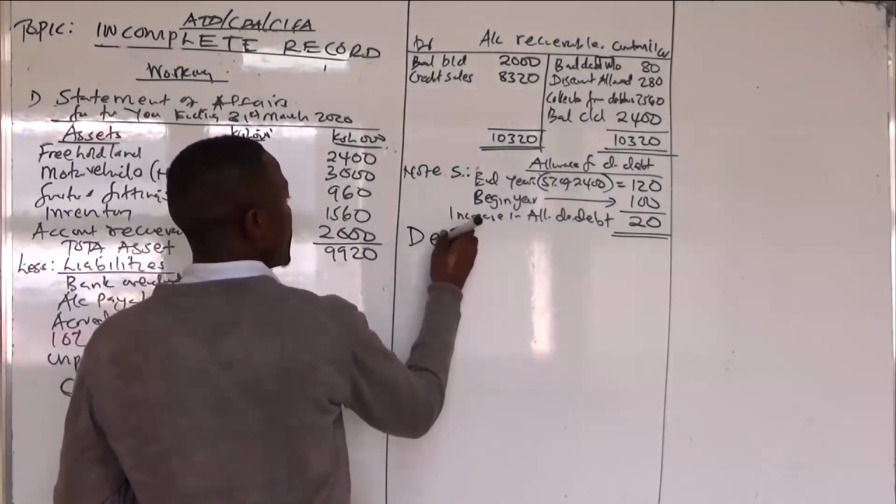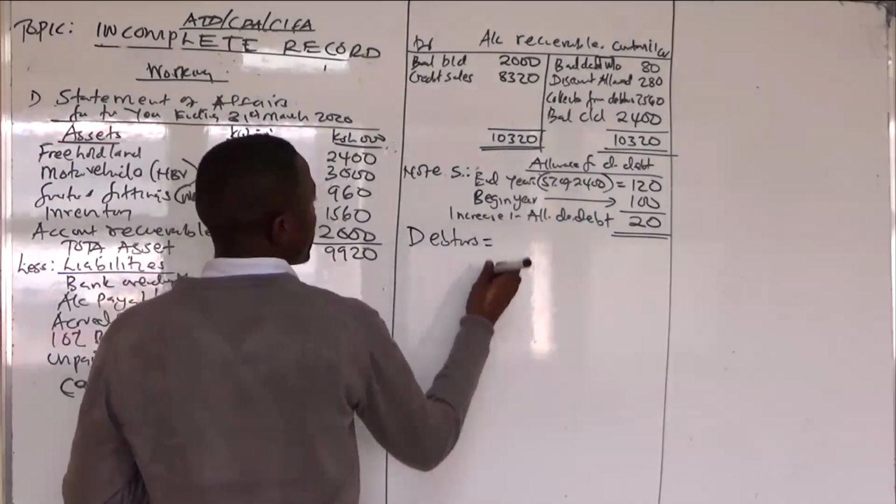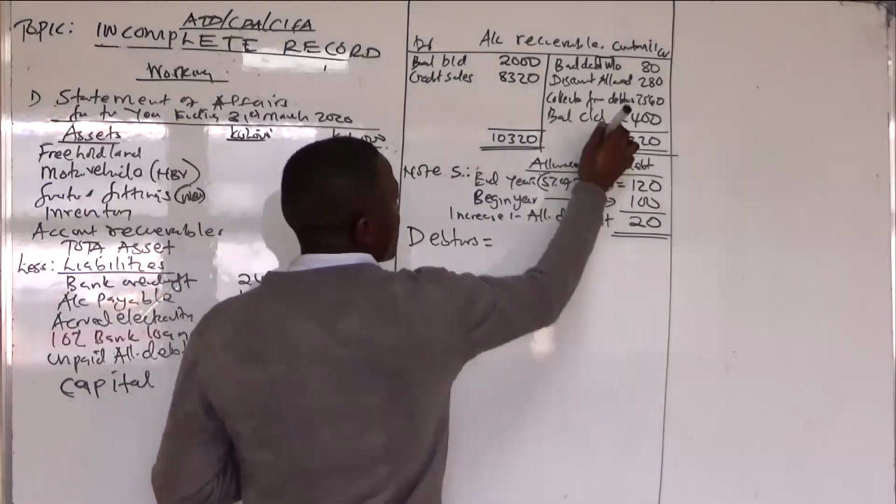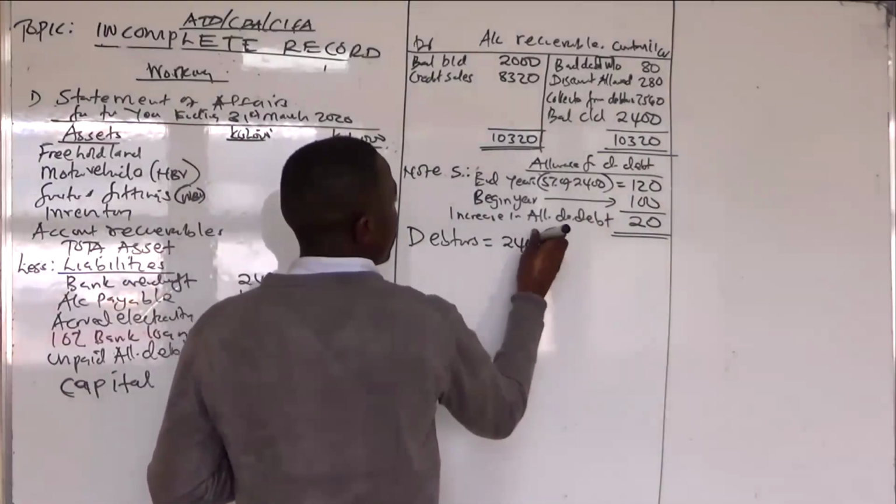Then how much will go to debtors in the balance sheet? Debtors account in the balance sheet. We have this amount. What is the debtors? 2400.